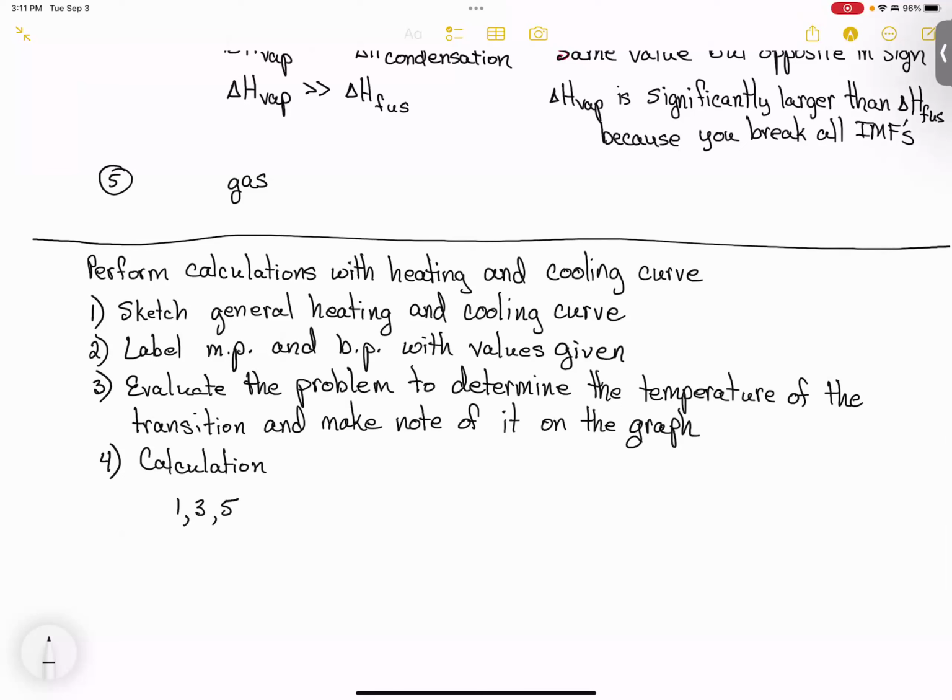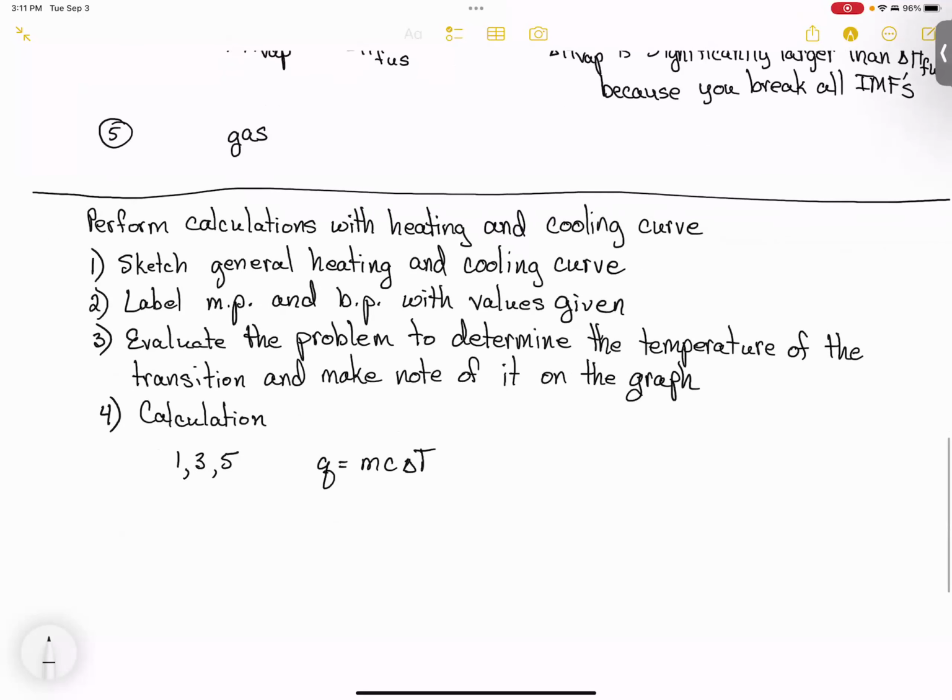Segment 1, 3, and 5 on the graph, you will use Q is equal to MC delta T, which is the same equation that you used in college chemistry 1, where Q is equal to heat, M is the mass in grams, delta T is T final minus T initial.